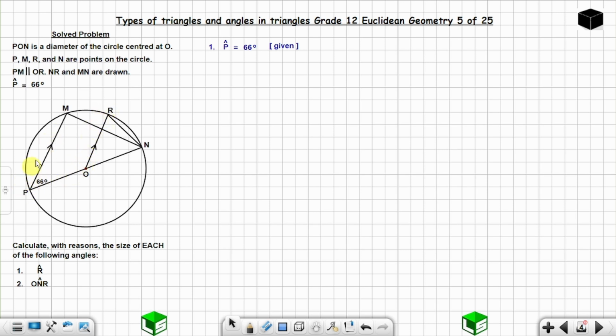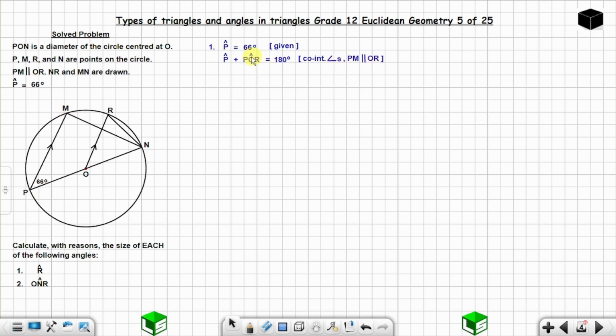Remember the U shape, the two lines are parallel to each other. So the angle P plus this angle, POR, must equal 180 degrees. The reason is co-interior angles, PM parallel to OR.